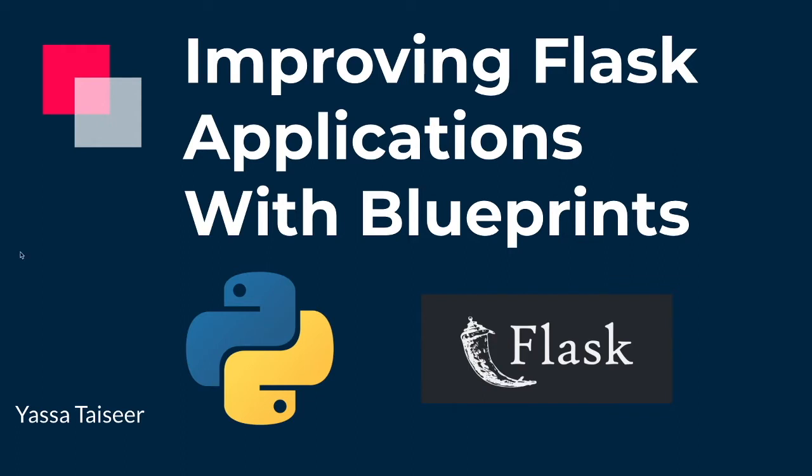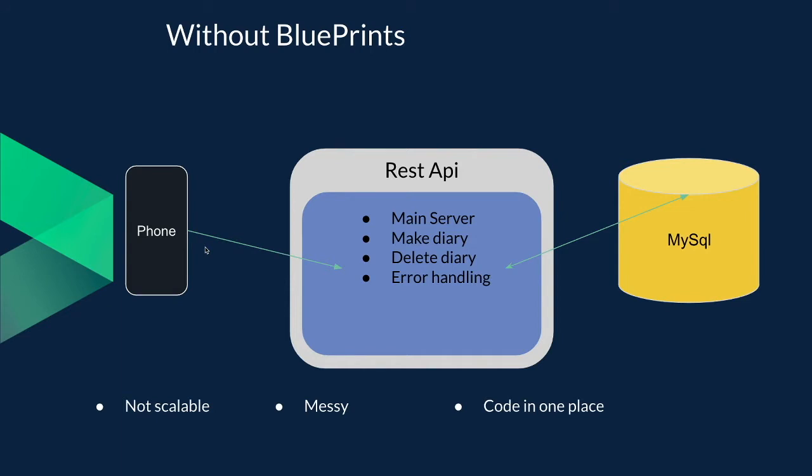So, let me first explain to you guys the purpose of blueprints. Currently this is how our app looks. Our app is a REST API, and as you can see, whenever there's a request from, let's suppose, a phone, the REST API has one file or a couple of files that are running, where there is the main server, and then there's the making of the diary, deleting diary, and any sorts of error handling that occur.